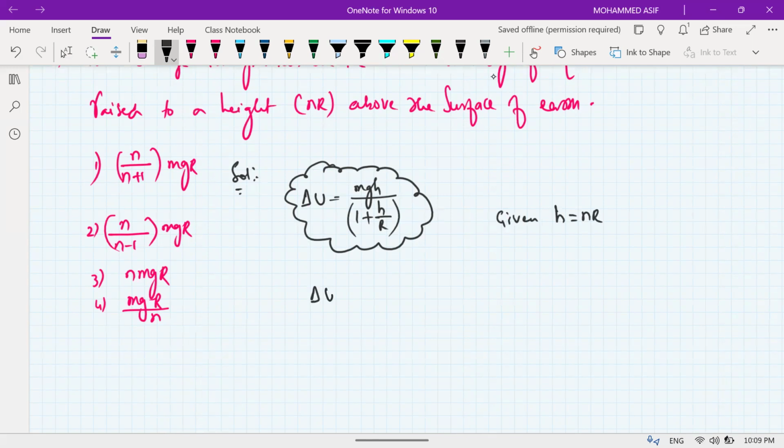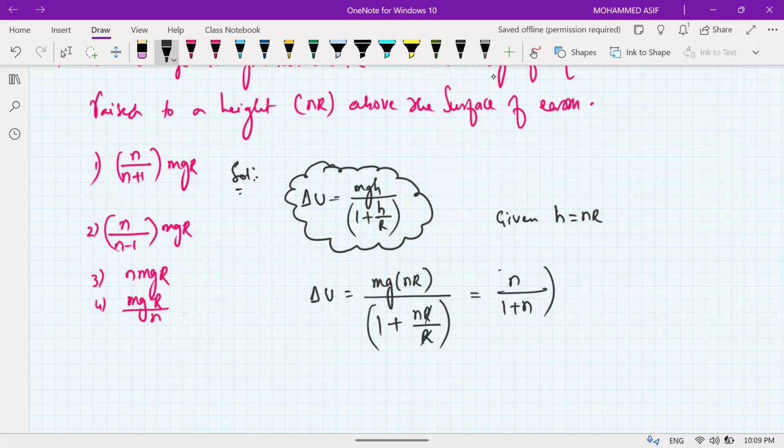So the change in potential energy is mg into nR divided by 1 plus nR divided by R. So this R will get cancelled. It will be equal to n divided by 1 plus n into mg into capital R. This will be the answer.